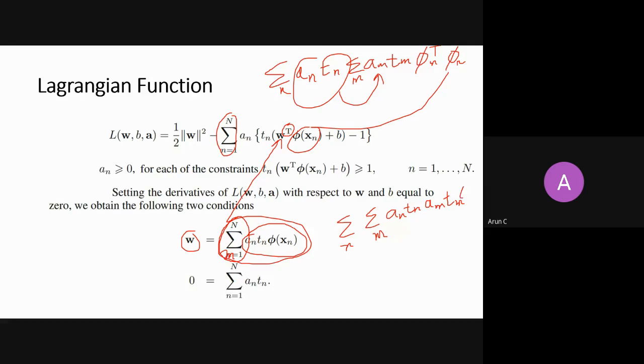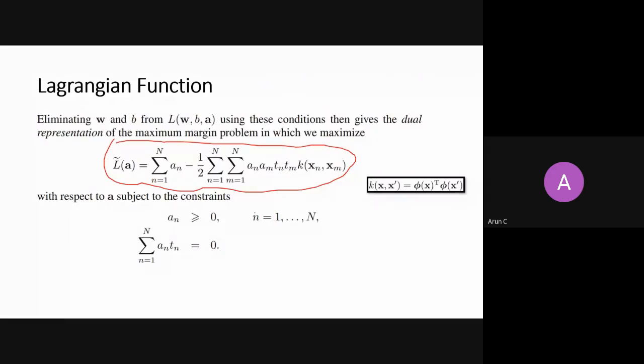So this will come here: phi M transpose, phi N. So this is AN, AM, TN, TM, and phi transpose M into phi transpose N, which is nothing but here. So you are just putting this dot product phi transpose phi in terms of some kernel function, right? I hope this is making complete sense to you now.